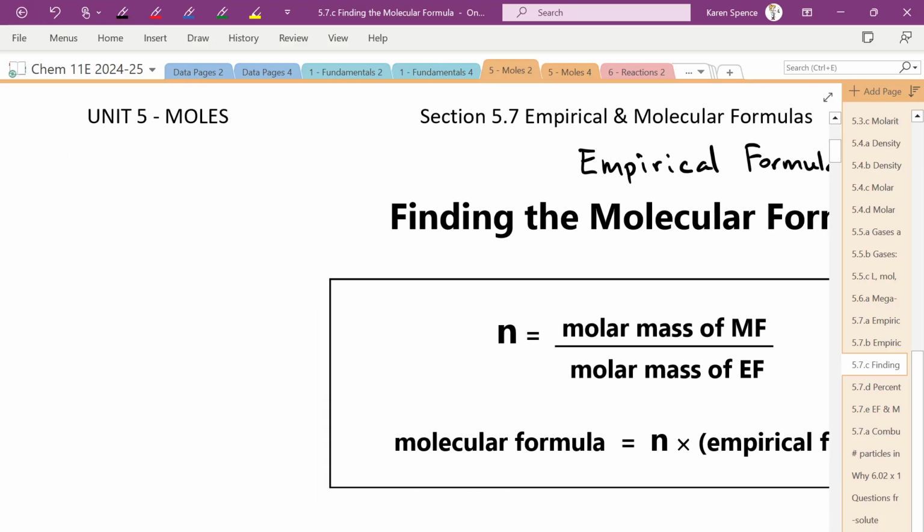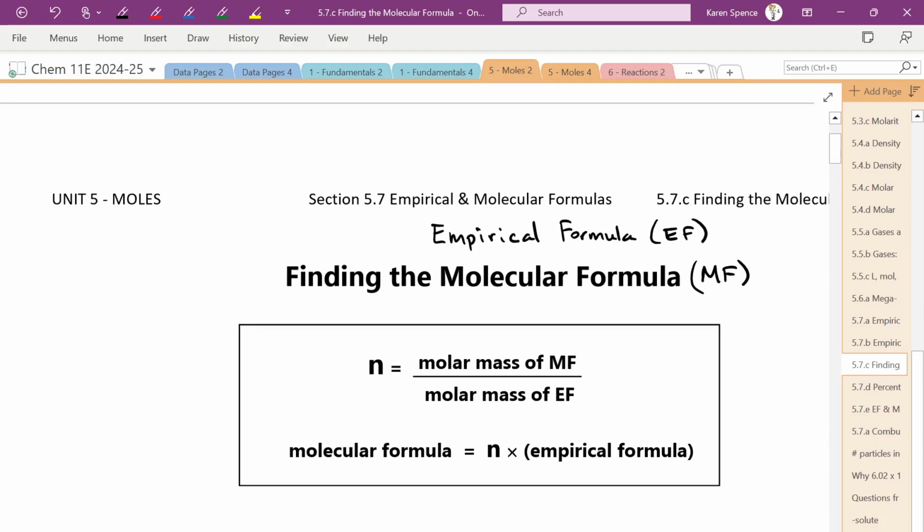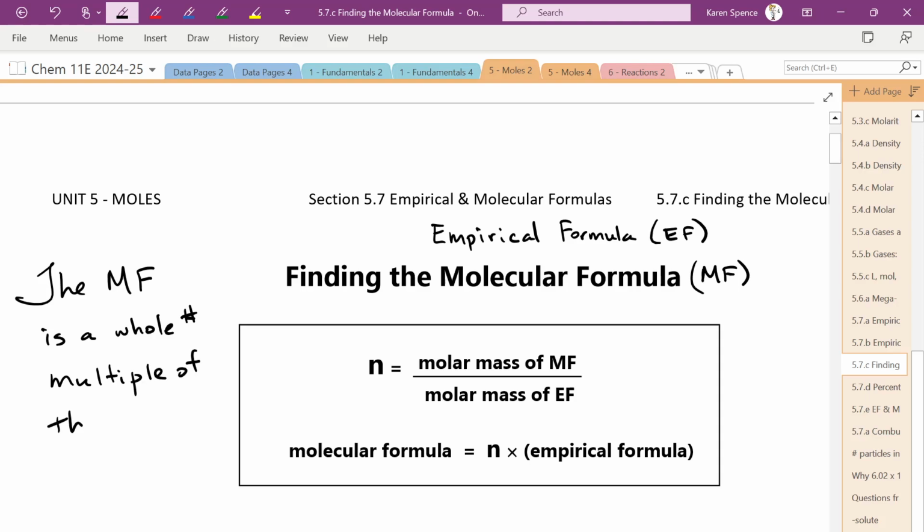And it is true, hopefully you guys understand, that the molecular formula is a whole number multiple of the empirical formula.